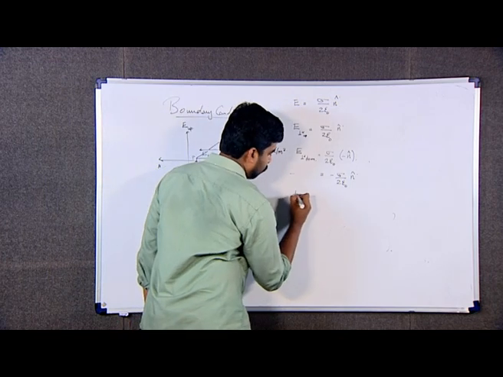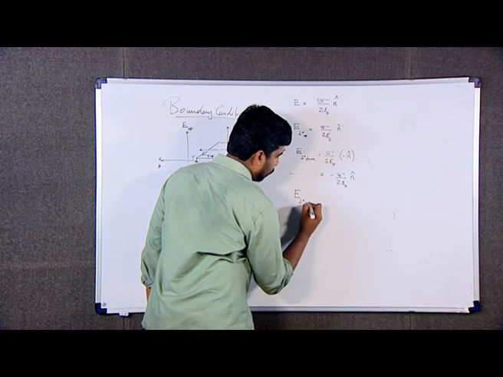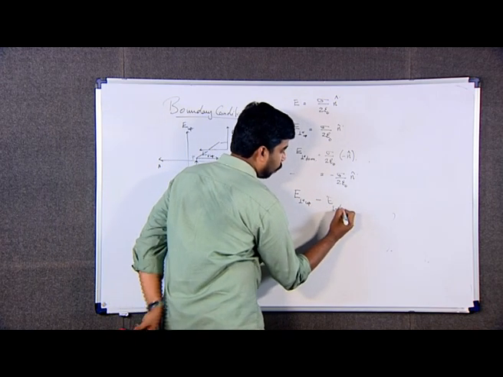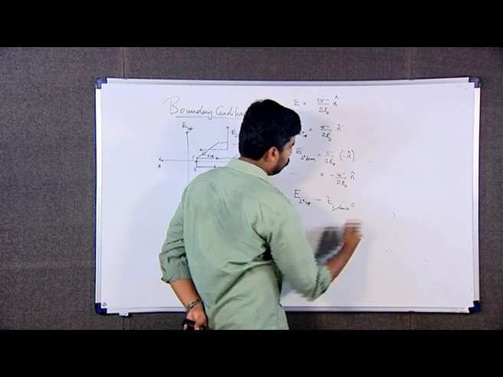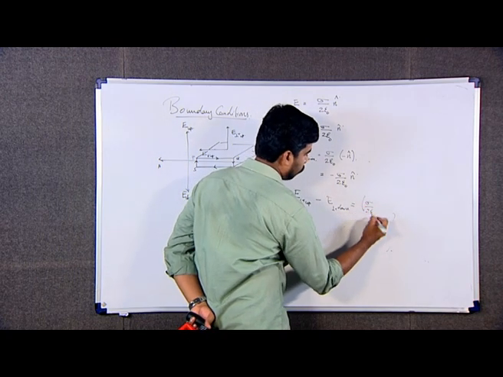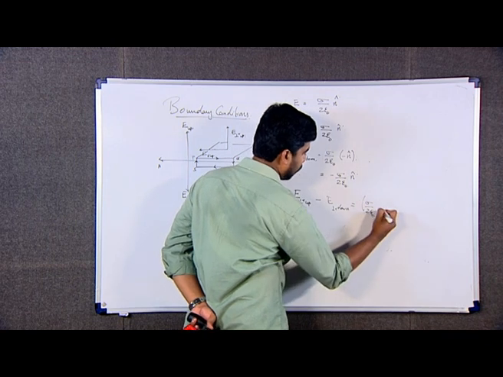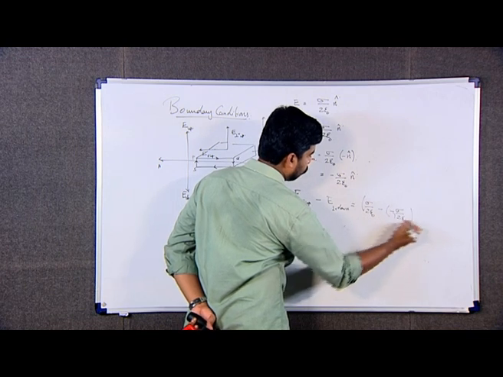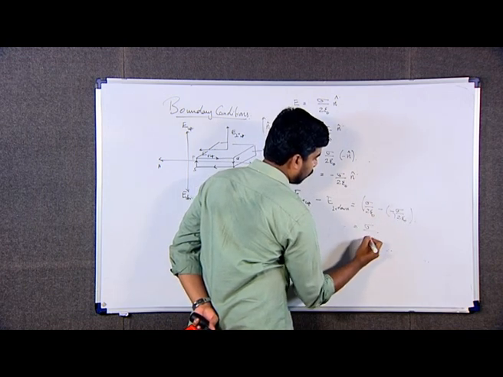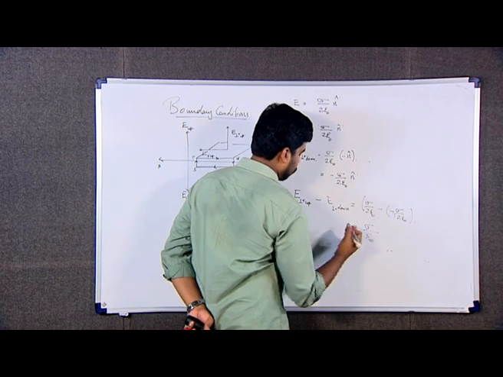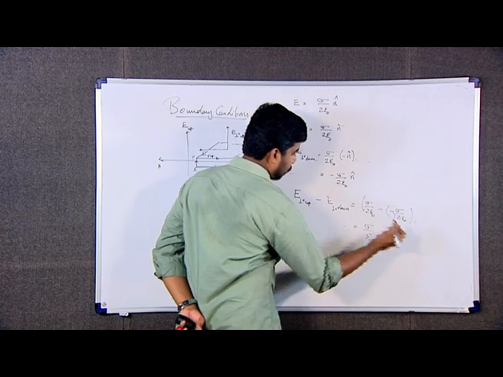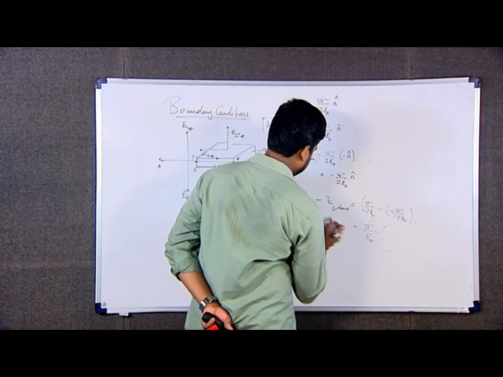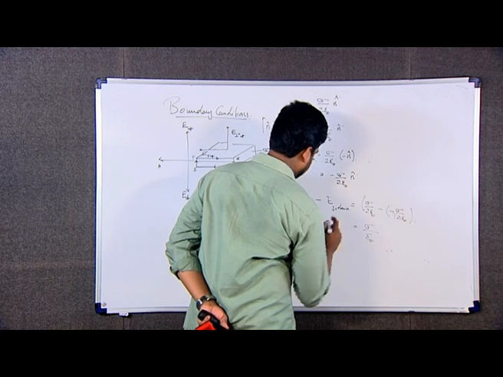Therefore E perpendicular up minus E perpendicular down is equal to sigma by 2 epsilon 0 minus of minus sigma by 2 epsilon 0, which is equal to sigma by epsilon 0 into n cap. In terms of magnitude, it is equal to sigma by epsilon 0.